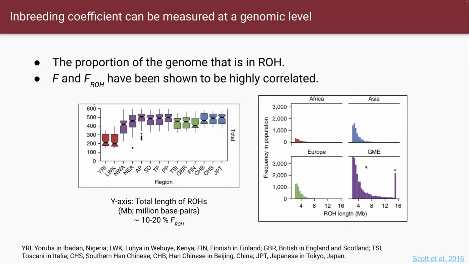The Middle East has many blocks. They are short, but they also have super long ROH blocks. Why? Because they have consanguineous marriage at a very high level. So they likely have genetically the same parents. That's why they have larger genetic blocks. Not only do they have more ROH proportion, they also have very large blocks.